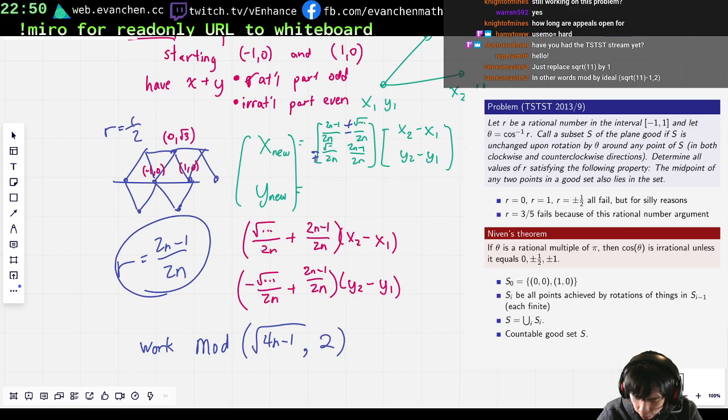Then what's the rotation matrix? The thing is, the rotation matrix has a 2 in it. So the rotation matrix has a denominator of 2. So I feel like things are just really bad. Correct me if I'm wrong.